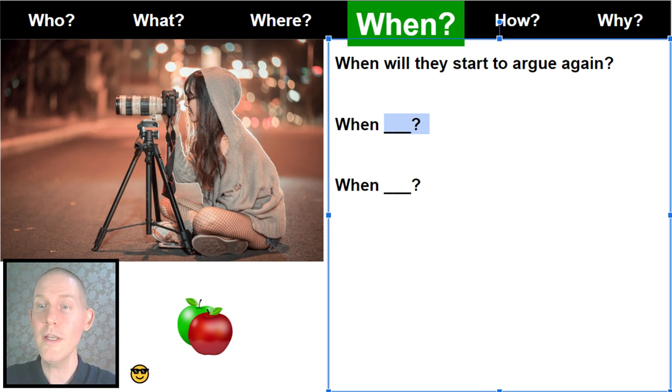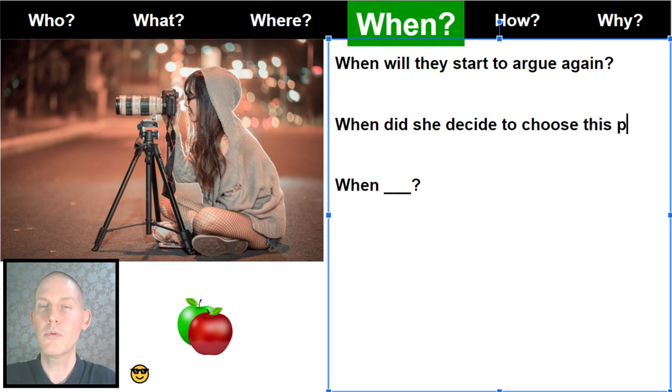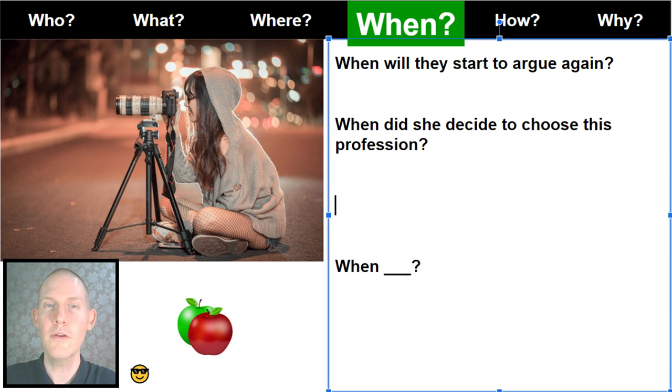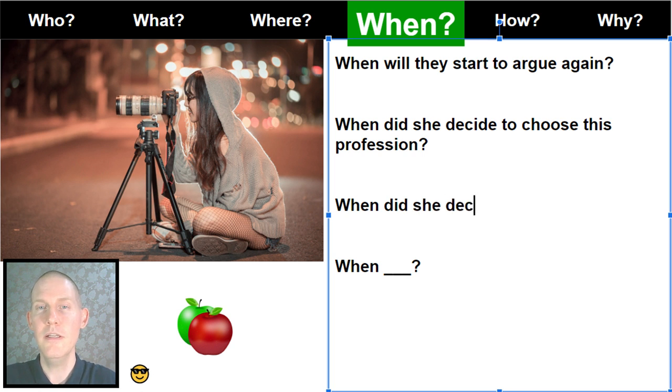Layla Almeida says, when did she decide to make this work? And I think what you're trying to say is, when did she decide to choose this profession? That's one possibility. Another possibility is, when did she decide to do this project, right? Or maybe to work on this project.